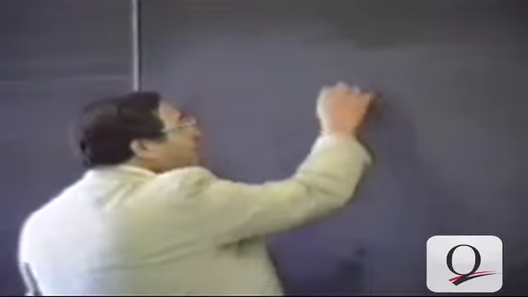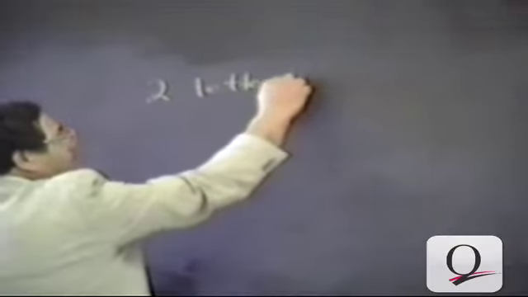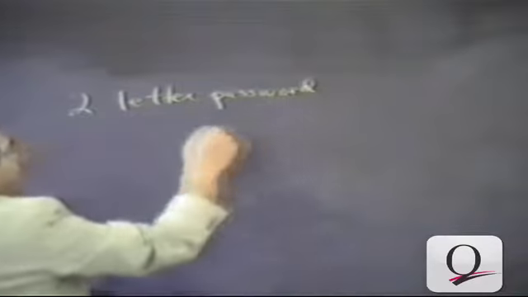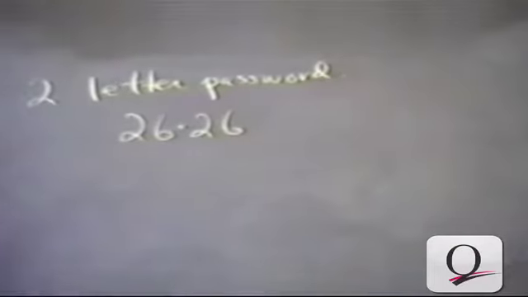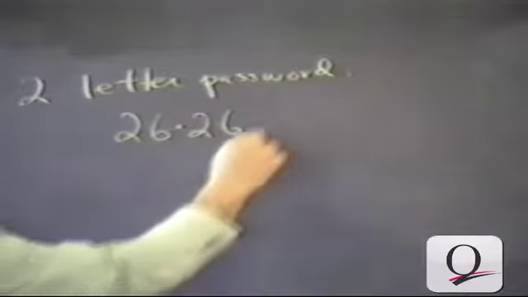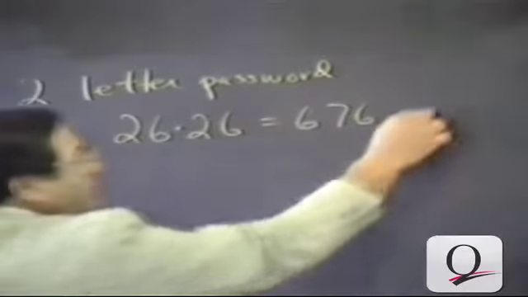Since there are 26 letters in the alphabet, for a 2-letter password you can make 26 times 26 choices. That's 676 choices.